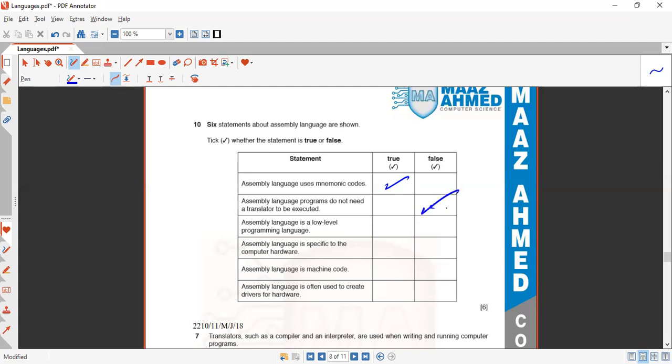Assembly language is a low-level programming language. Is it a low level? True. It's a sort of a low level, okay? Assembly language is specific to the computer hardware. False. Assembly language is a machine code.